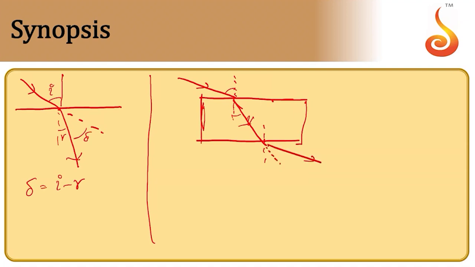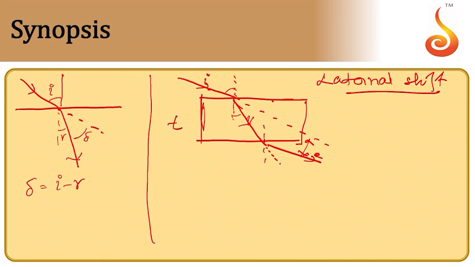But clearly the incident ray and the emergent ray are parallel to each other. Thus there is a shift in its position, or say a shift in its path. This is what is called lateral shift.